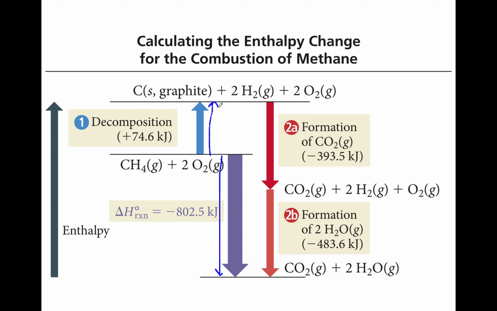So that's the opposite of the enthalpy of formation. So now we're in the elements. So we take it back to the elements, and then we can form the compounds stepwise. Form carbon dioxide and form water from the elements. Okay, so this is what's happening with Hess's law.